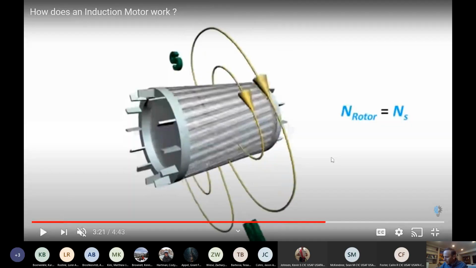So the speed of the rotor, that's what N is here, will always be a little bit slower than the speed of the external magnetic field rotating around the external stator of the motor. And this video goes into more detail about how that all works.